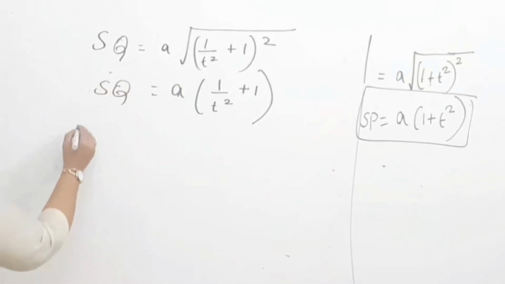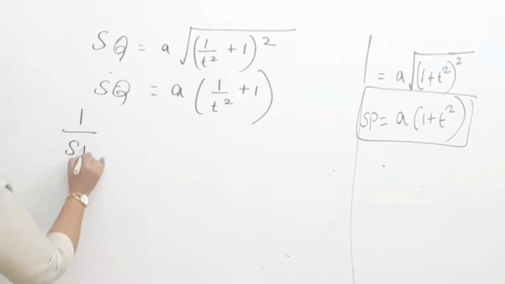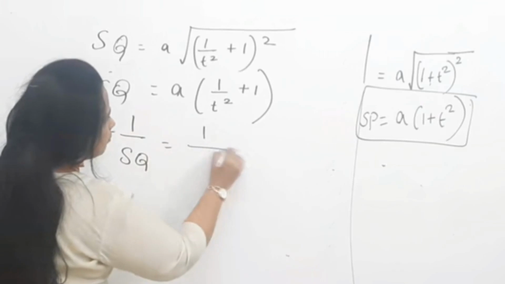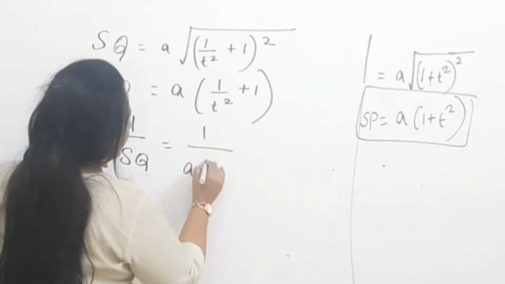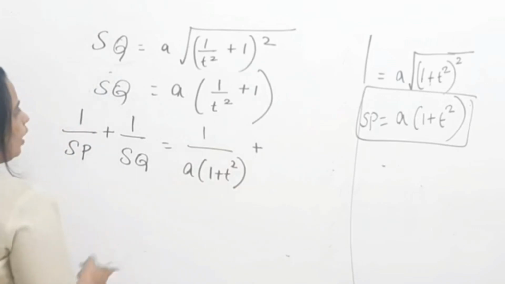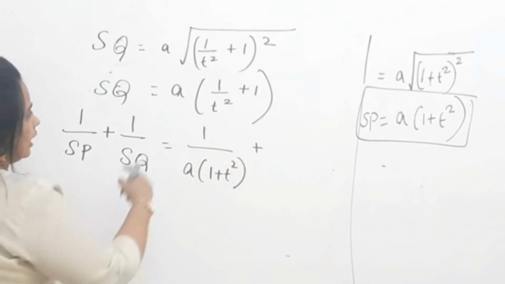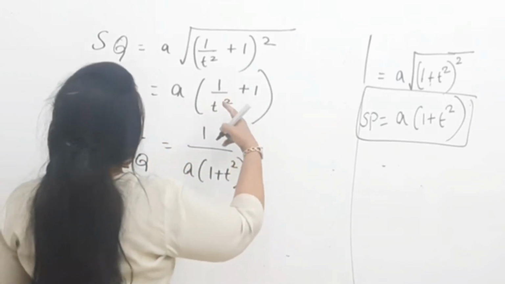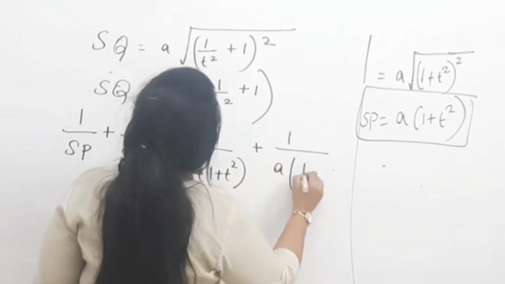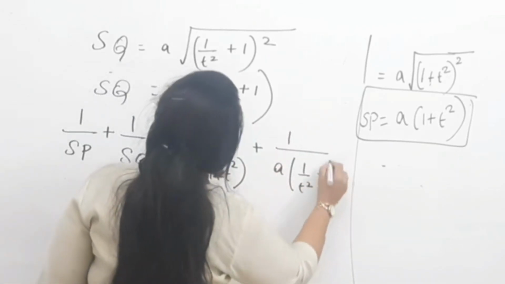Now my question is, I have to find 1 by SP plus 1 by SQ, which is equal to 1 by a into 1 plus t square, plus 1 by SQ. That means I have to bring my equation down: 1 by a into 1 by t square plus 1.